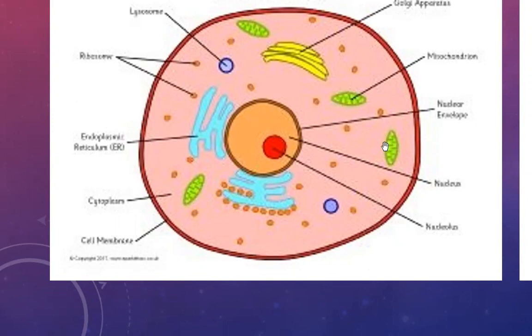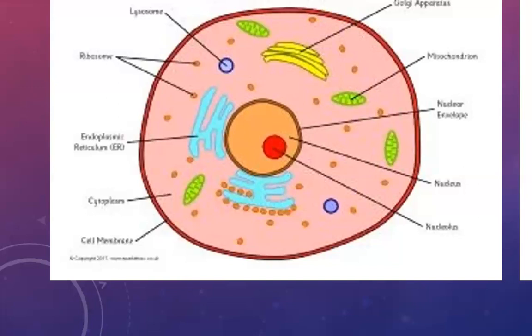Mitochondria is a structure that is responsible for aerobic respiration. That means it is the place where the cell generates energy through respiration, and this energy is vital for the proper functioning of the cell. As you know, respiration is a vital process, so the presence of mitochondria is also crucial for all cells, all animal and plant cells.